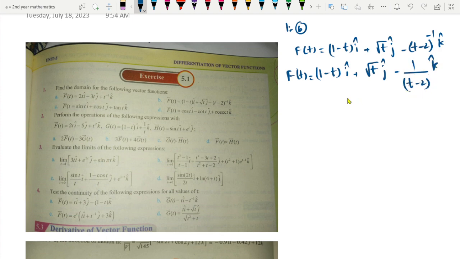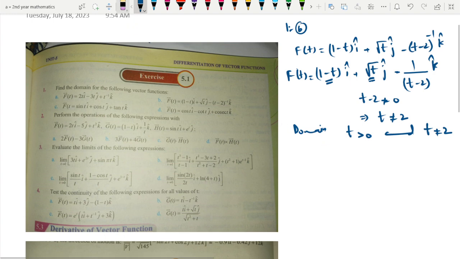So the domain of this: 1 minus t is defined for all values of t, and here t cannot be negative, and here we have t minus 2 should not be equal to 0, which implies that t cannot be equal to 2. So the domain of this is t is greater than 0 and t cannot be equal to 2.